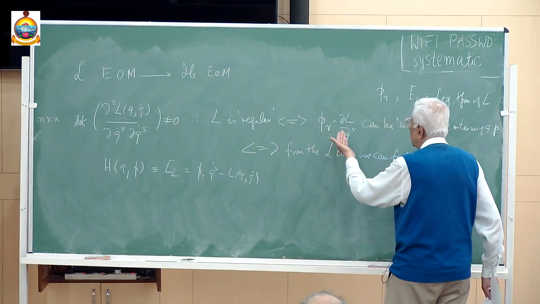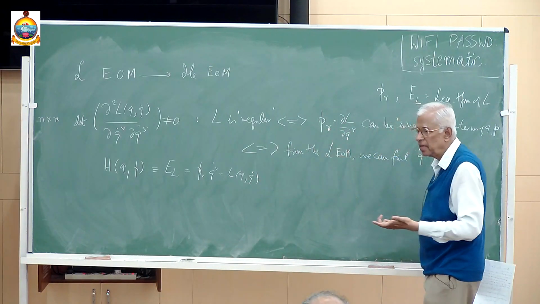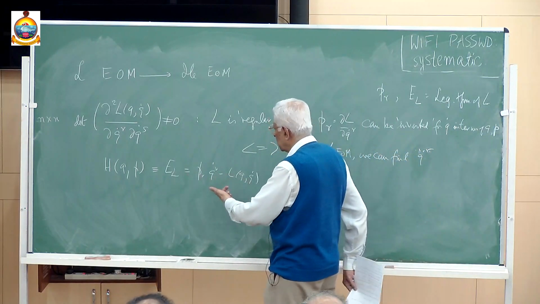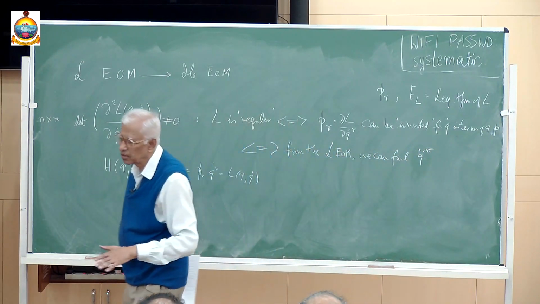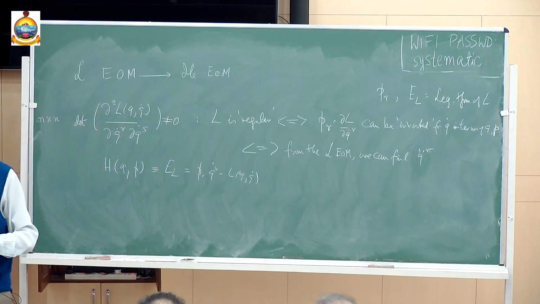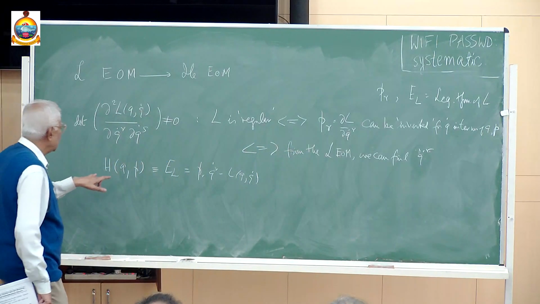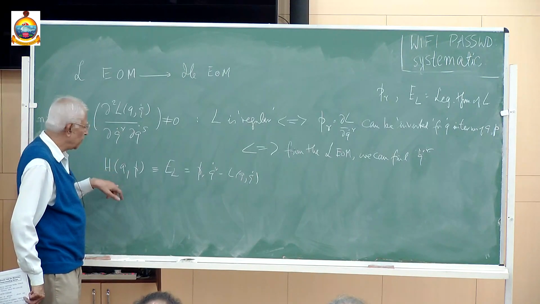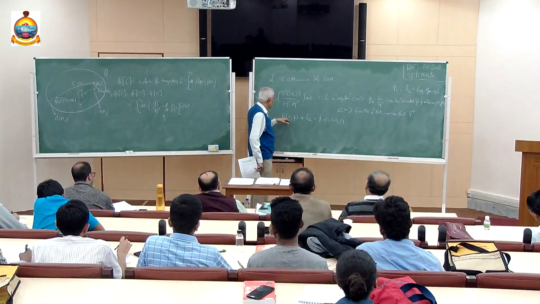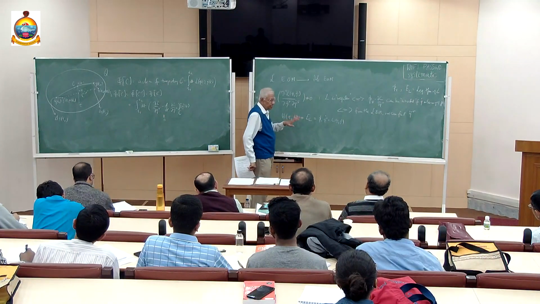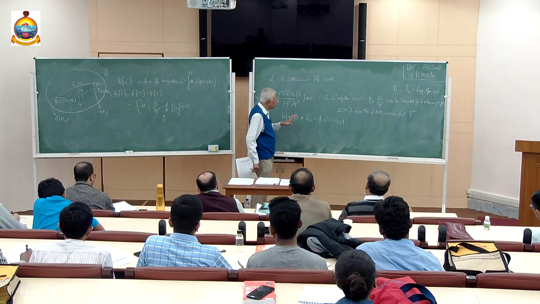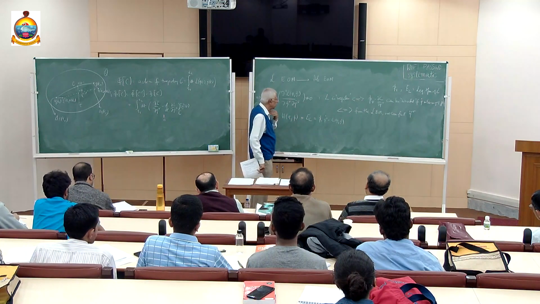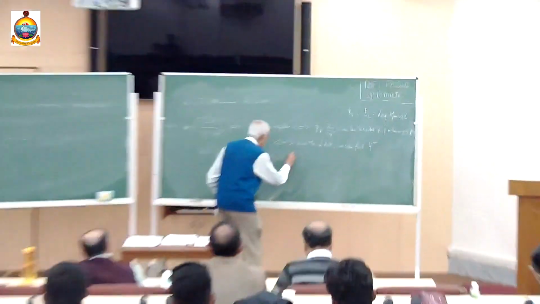Since it is true that I can regard q dot as a function of p, I can imagine rewriting this Legendre transform not as a function of q and q dot, but as a function of q and p. When I do that, I give it a different symbol and I call it the Hamiltonian. So, by definition, the Hamiltonian is a function of q's and p's. It is not a function of q and q dot. So, you must keep that clearly in mind.